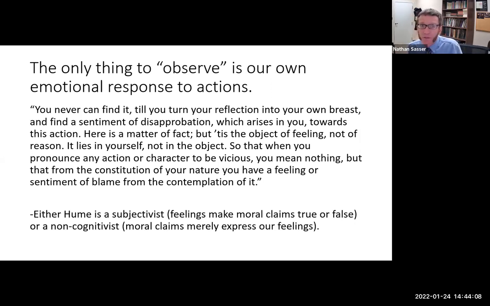So that leads to what he says is the only thing that you find. The only thing you observe is when you turn inward and think about your own emotions towards that action when you contemplate it, okay? You're never going to find the badness, the moral facts, until you turn your reflection into your own breast and find a sentiment of disapprobation. That means disapproval, which arises in you towards this action.